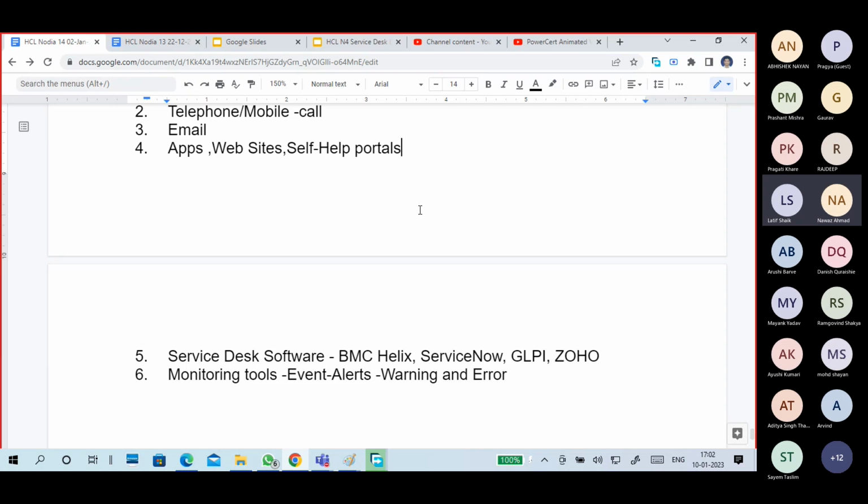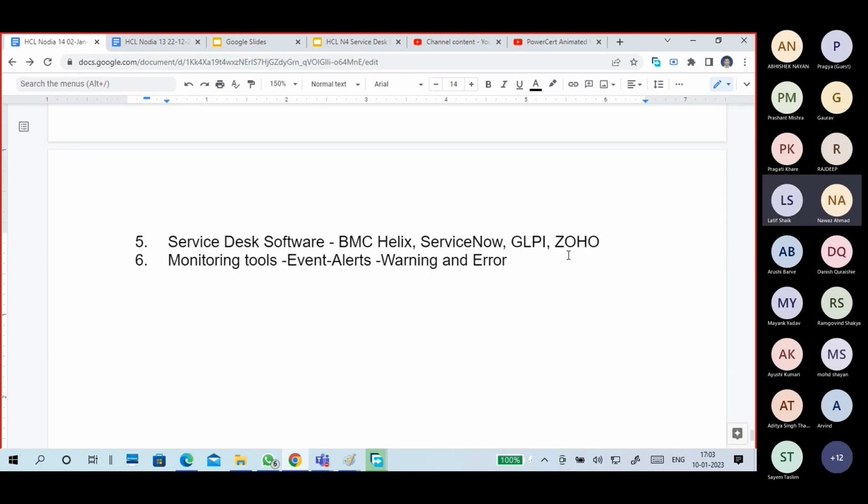When you are monitoring your infrastructure and the services your company is providing, monitoring tools will give you events and alerts, meaning warnings and errors. Then we will create a ticket according to it. So this is how the service desk process works.